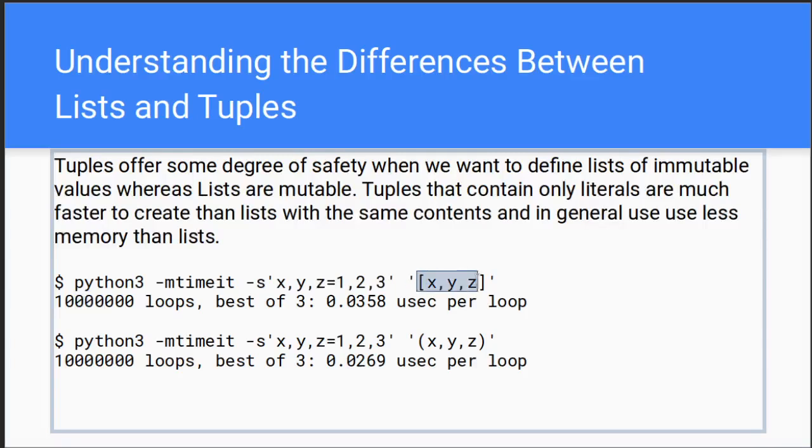If you run this 10 million times, it will take an average of 0.03 microseconds. And if you do it with tuples, then it's 0.02 microseconds, a little bit faster.